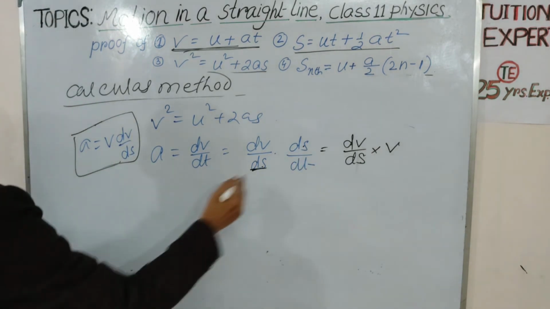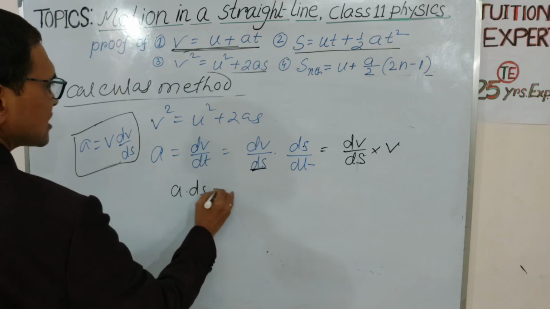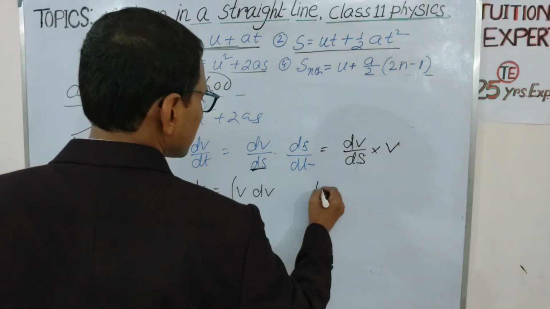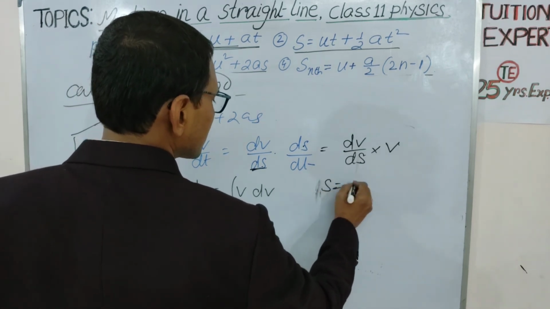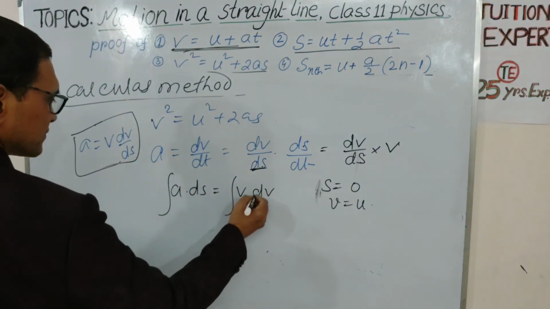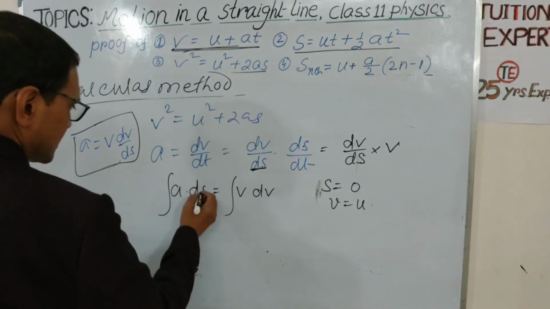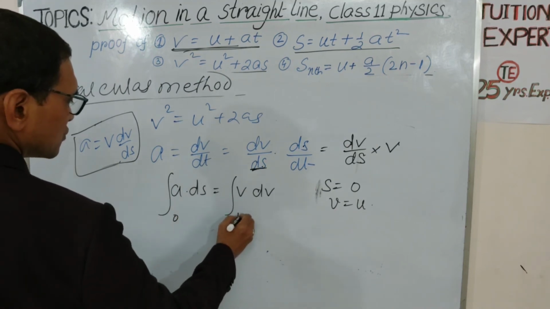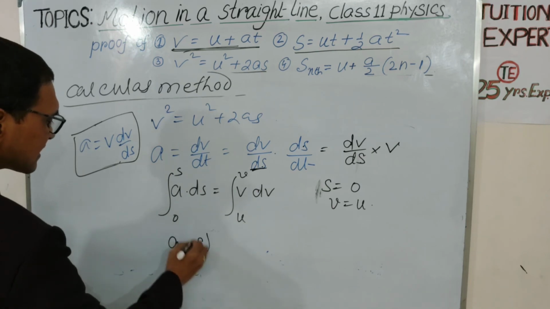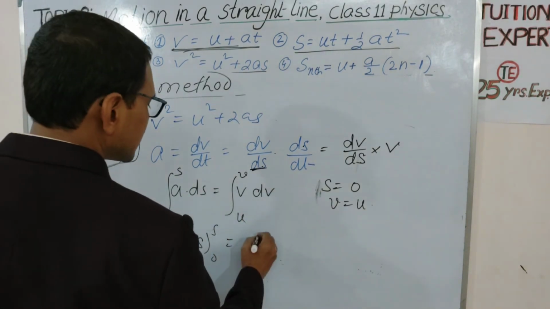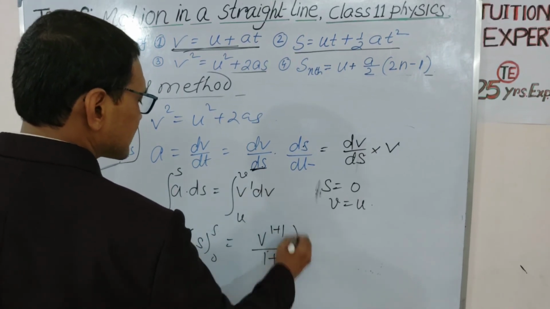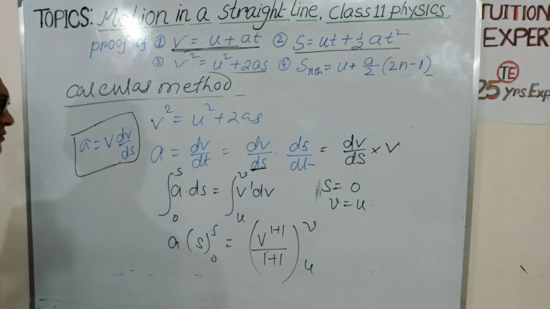Now a into ds equals v dv. Integrate both sides. We know when s equals 0, the velocity equals u, the initial velocity. When the distance is s, the velocity is v. So the integration of a ds is a s, and v dv means v to the power 1, so v to the power 1 plus 1 by 1 plus 1, from u to v.